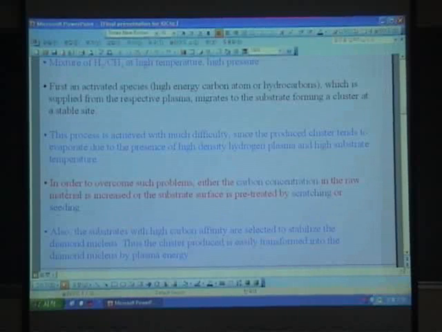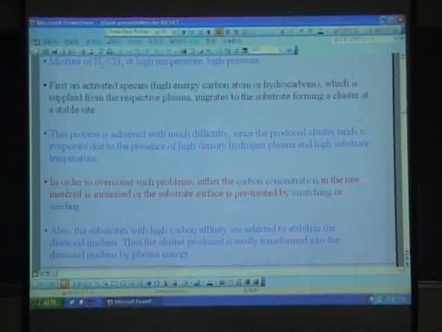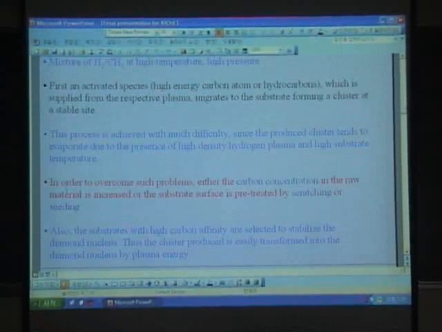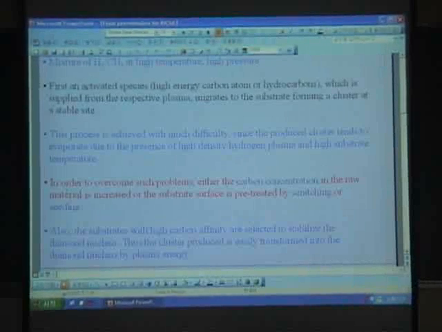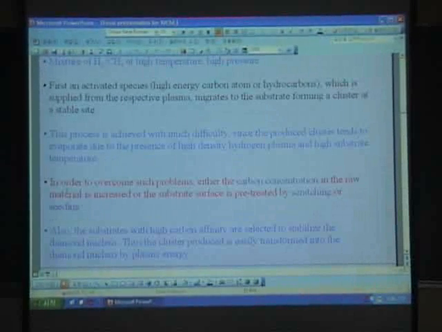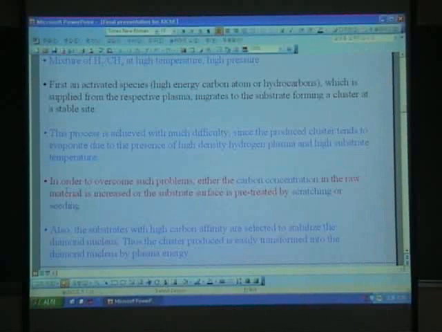This atomic hydrogen also stabilizes the diamond surface sp3, and it remains for the whole growth.